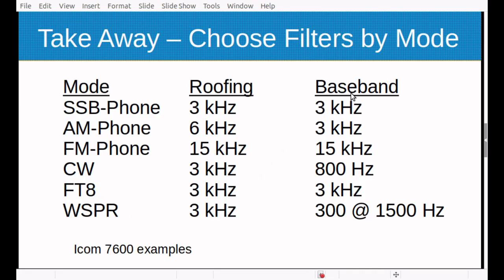If you have a transceiver that allows you to build filters for specific modes, then certainly select the right baseband filter. In the case of digital mode, it's going to be in the audio band for that mode. In particular, if you're a Whisper enthusiast, build a 300 hertz filter that's centered at 1500 hertz, and that will eliminate all the other noise around that Whisper band.